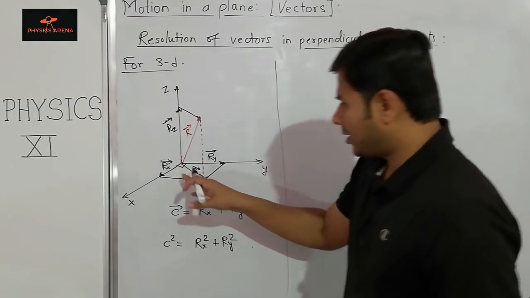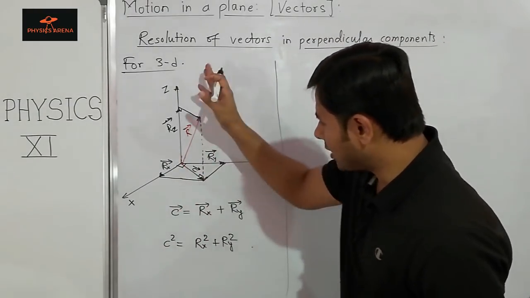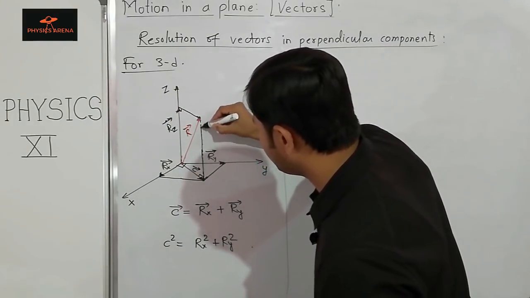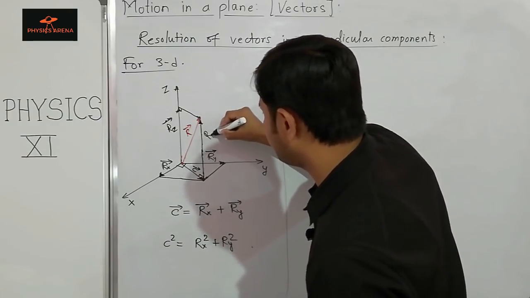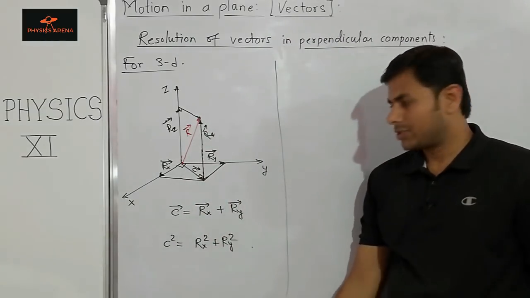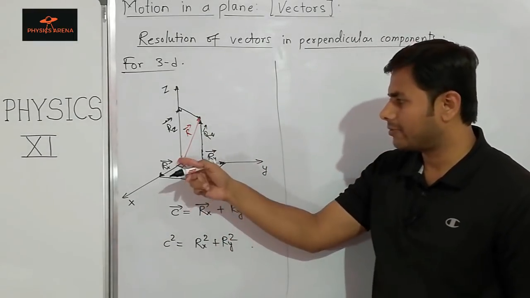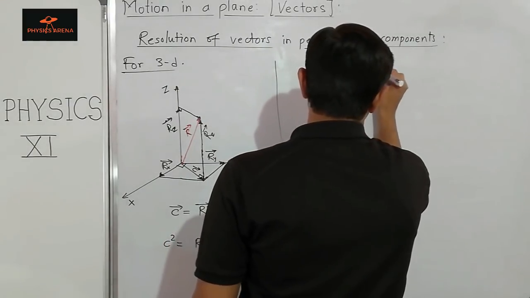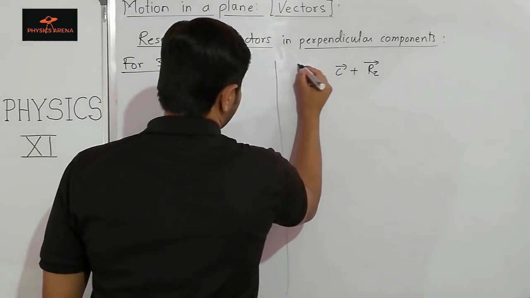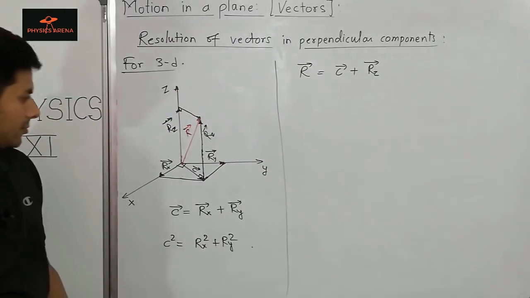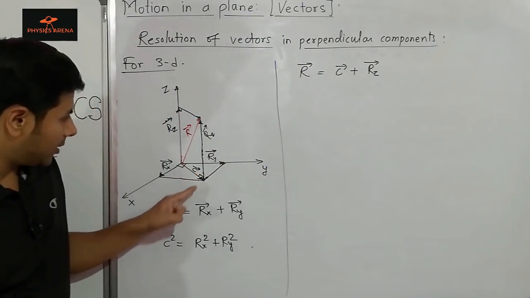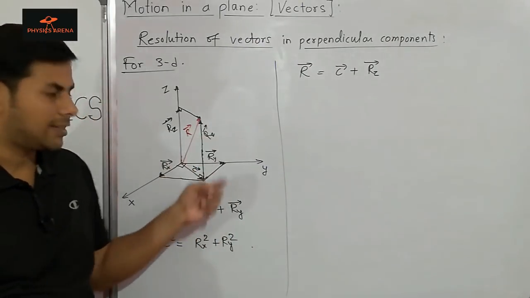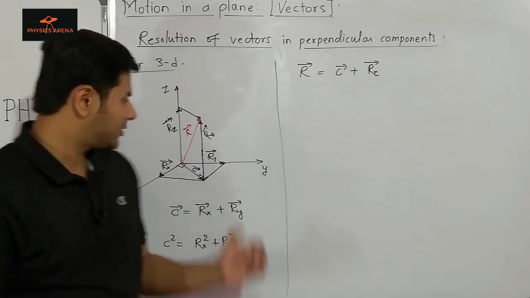Then see here, I can say C bar plus this vector, which is equal to this vector Rz. So C bar plus this Rz is equal to R bar by the triangle law. So C bar plus Rz bar is equal to R bar. And this was perpendicular, so this angle is 90 degrees, so C bar and Rz bar are rectangular components of R bar.